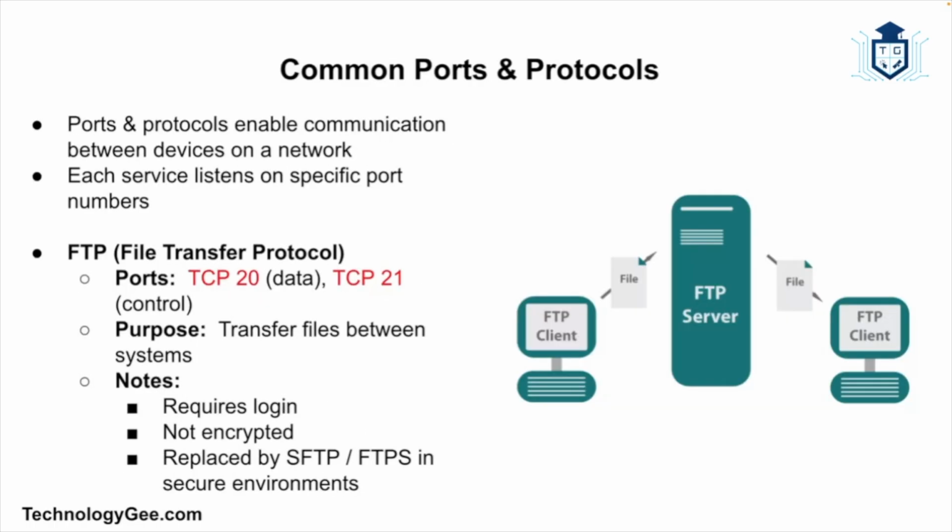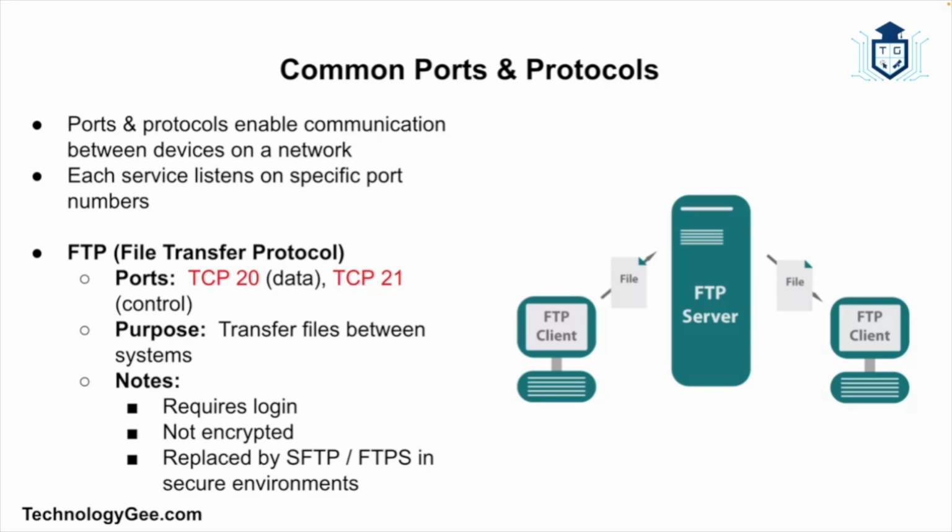All right, so let's talk about some common TCP and UDP ports and protocols. Network services rely on specific ports and protocols to function, and ports and protocols facilitate communication between devices on a network. So we're going to go over the most important ports and their associated protocols as outlined in the CompTIA A+ exam objectives.